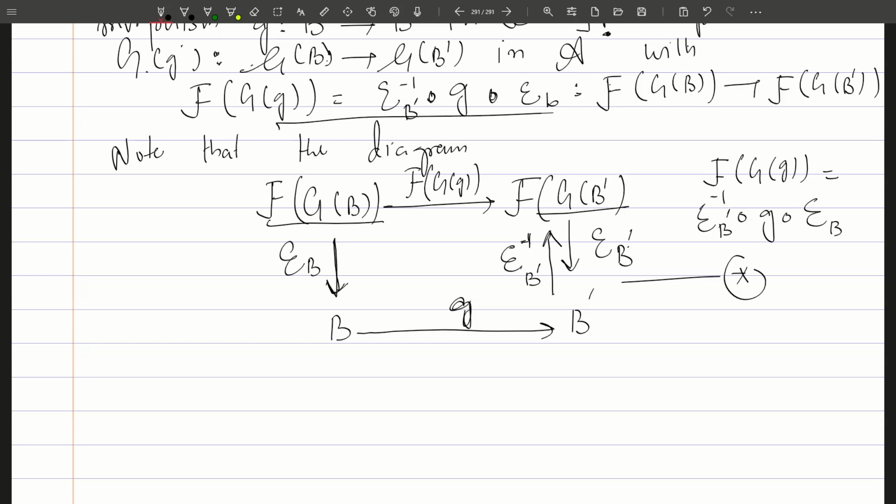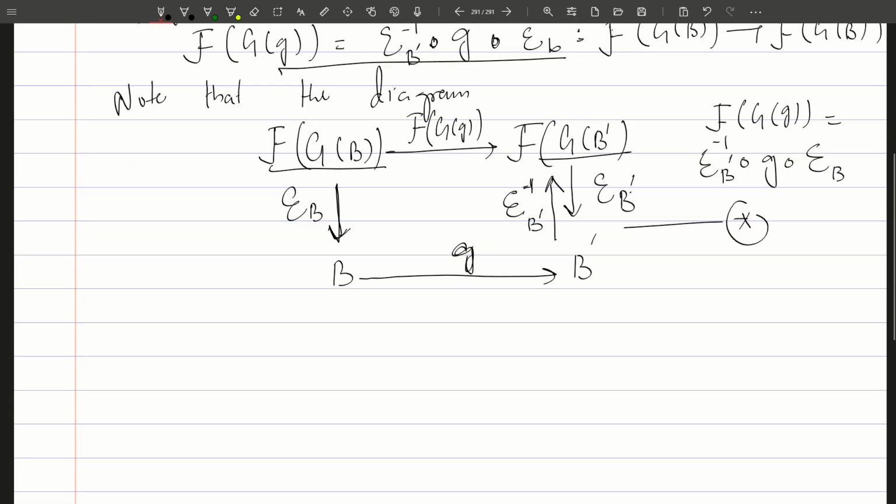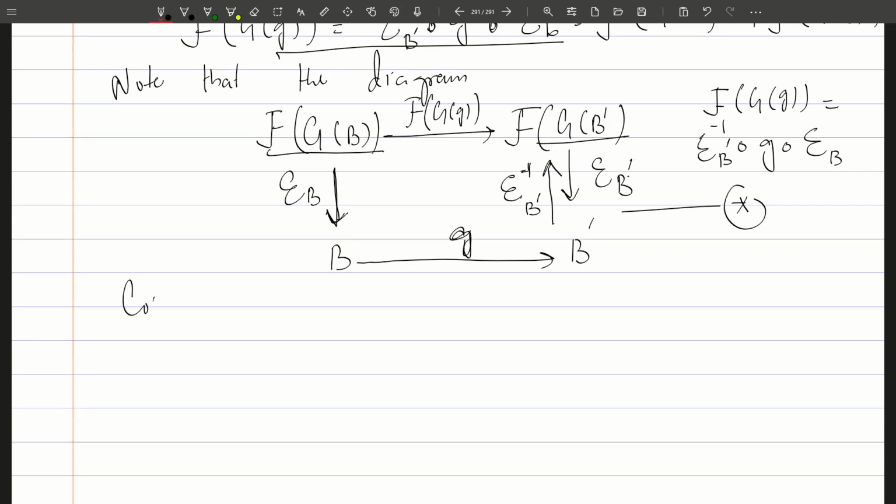So this is what we wrote here. This diagram commutes since G of g from B to B prime is unique.